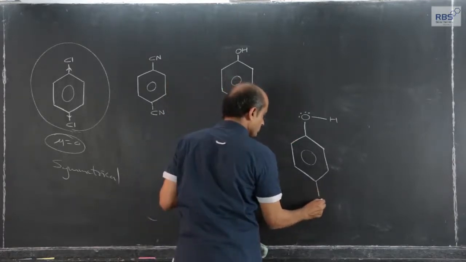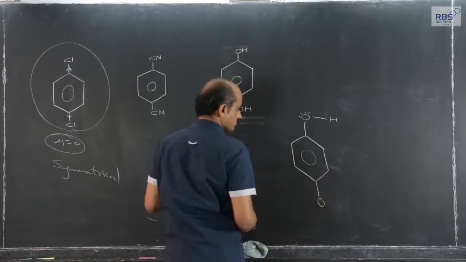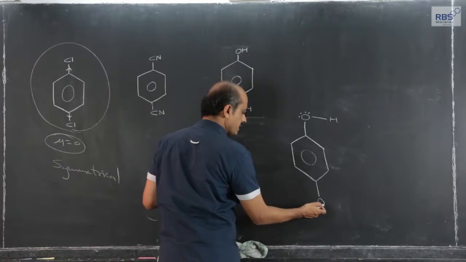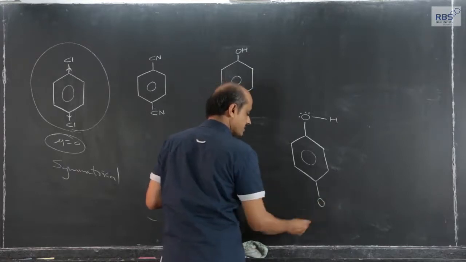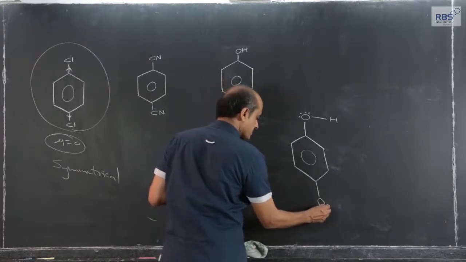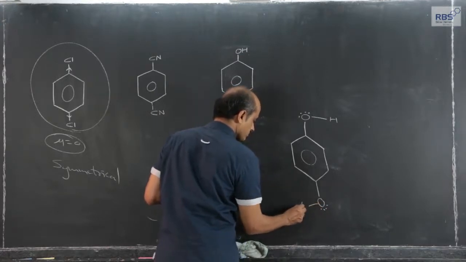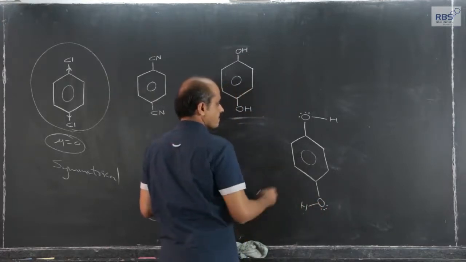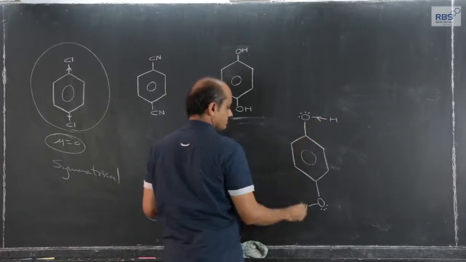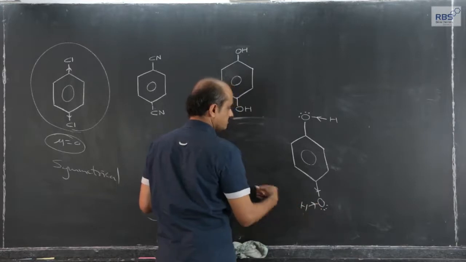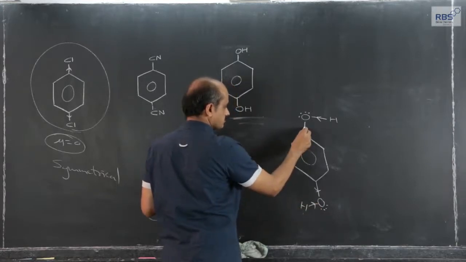And the second OH bond, now because of two lone pairs, the hydrogen can be on this side, or hydrogen can be on that side. Whatever is the case, polarity, okay.